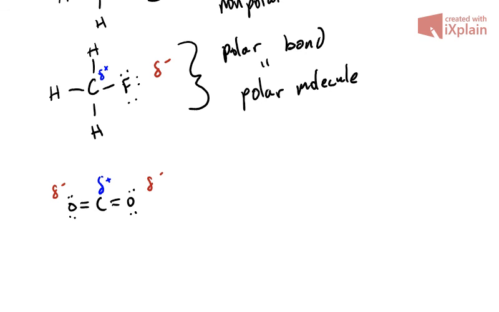To be polar, it has to be like a magnet, where one side is positive and one side is negative. That's what polarity is. So this is an example of a polar bond, but a non-polar molecule.